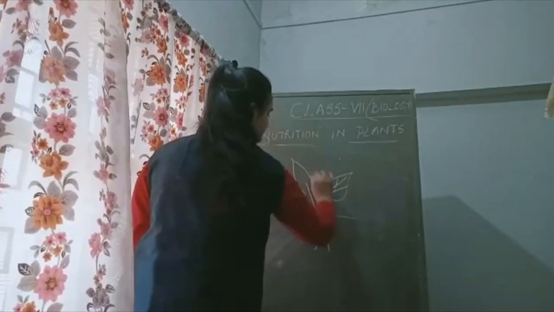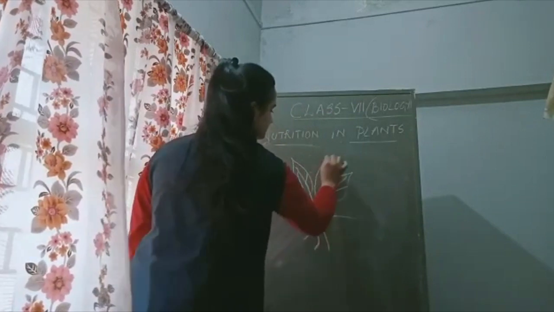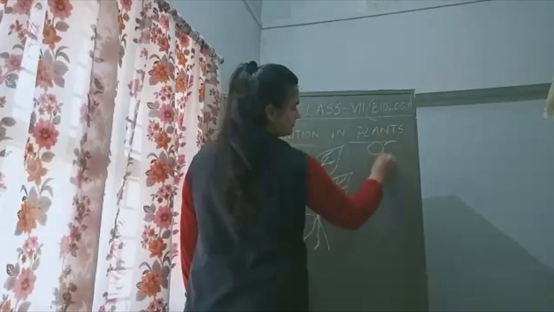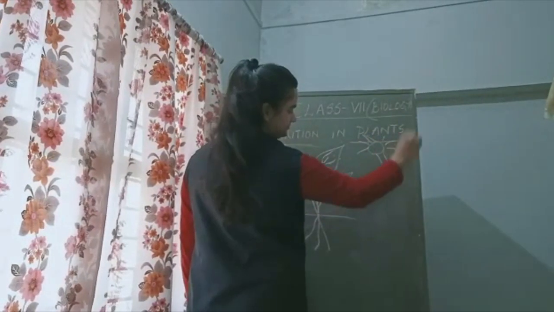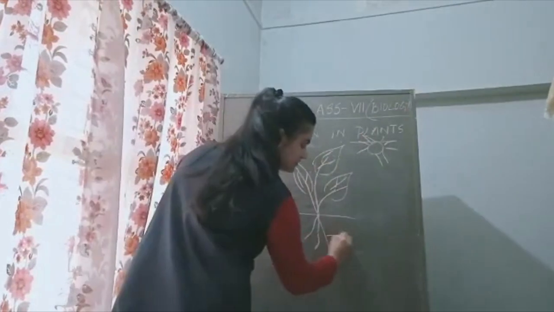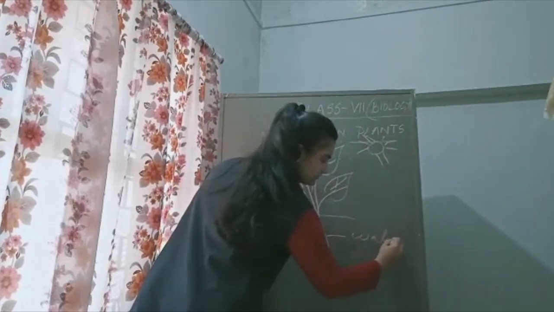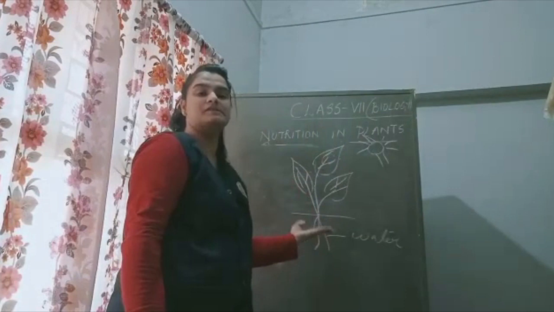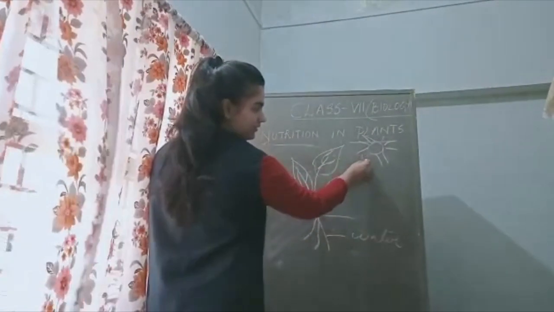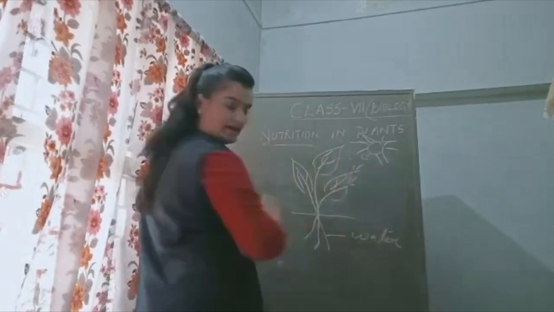You can see the diagram of photosynthesis. In the process of photosynthesis, the roots absorb the water from the soil. So roots are responsible for absorption of water from the soil. The sun will provide sunlight.